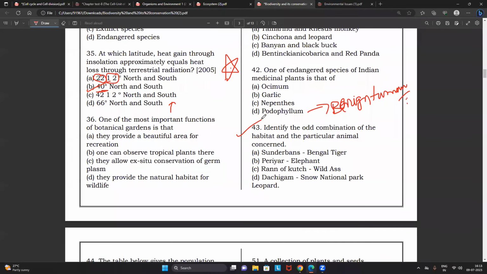Question number 43. Identify the odd combination of the habitat and the particular animal concerned. Think it slowly and answer. Anyone else?